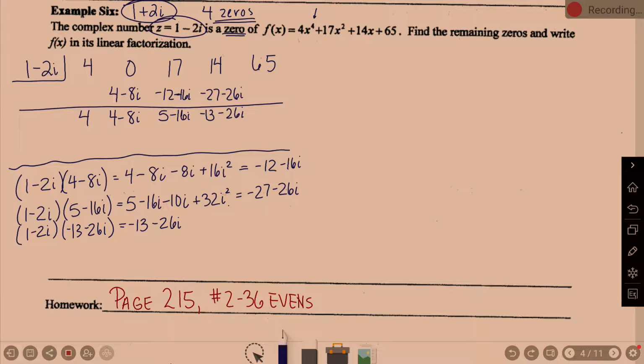Negative 2i times negative 13, plus 26i. Negative 2i times negative 26i. Negative times negative is positive. 2 times 26 is 52i squared.